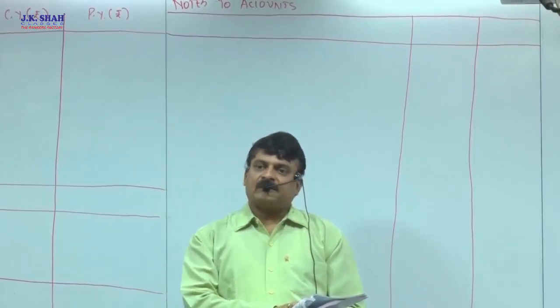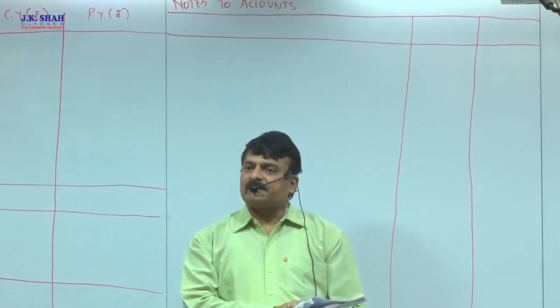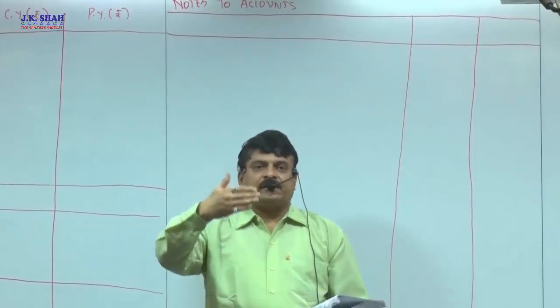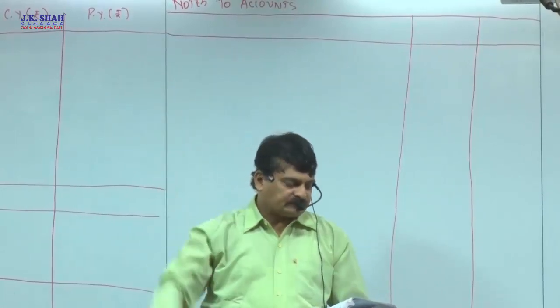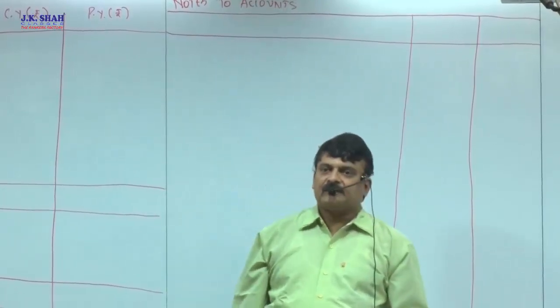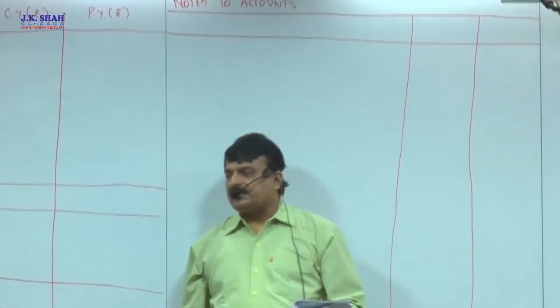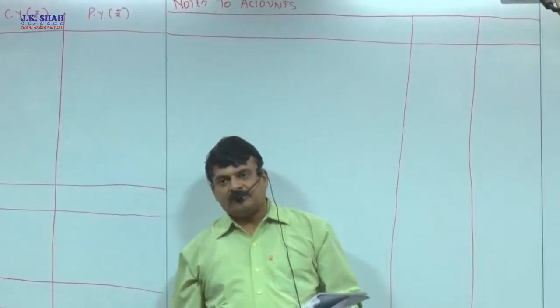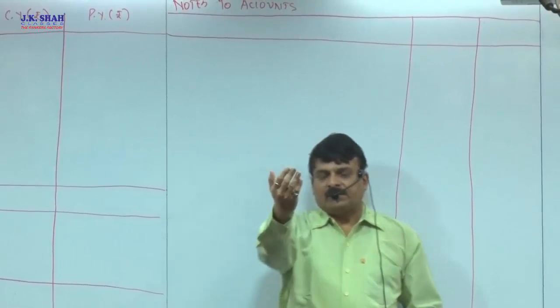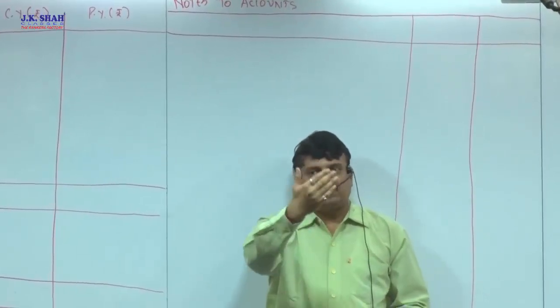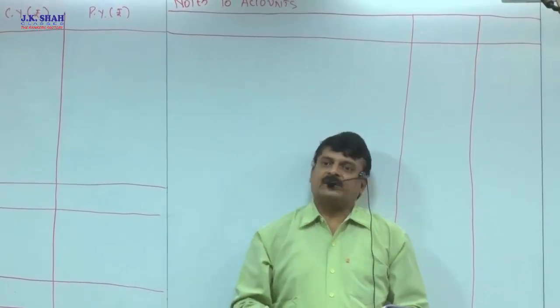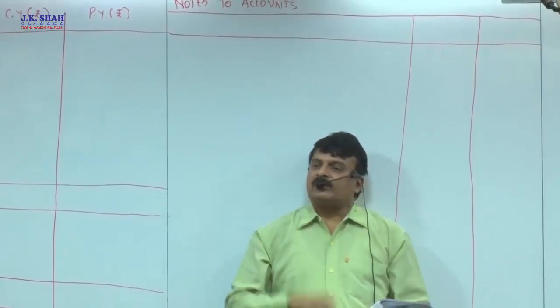Non-current liabilities means long-term liabilities. Those liabilities which are for more than 12 months. First, long-term borrowings. What do you mean by long-term borrowings? Borrowings done by our company, loan taken by our company for a long term.